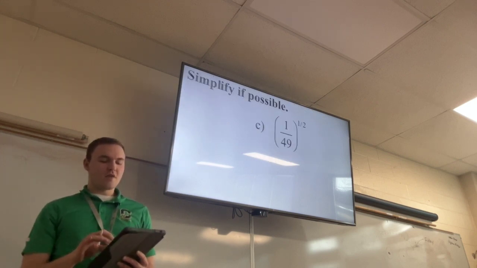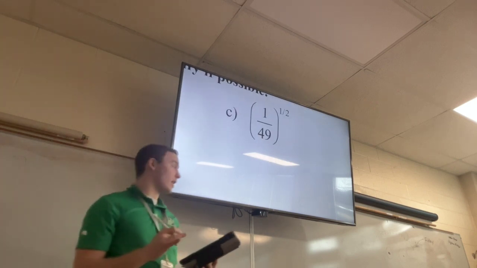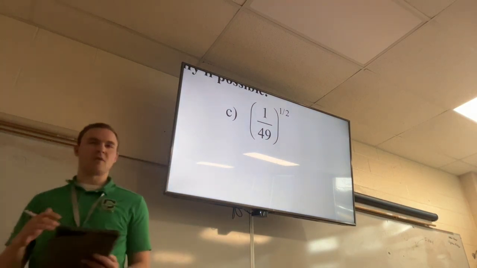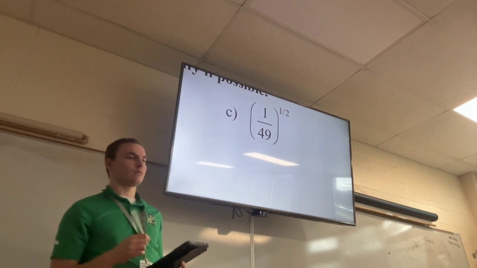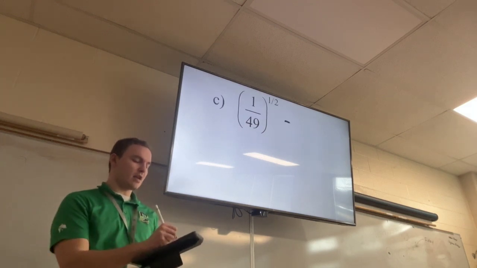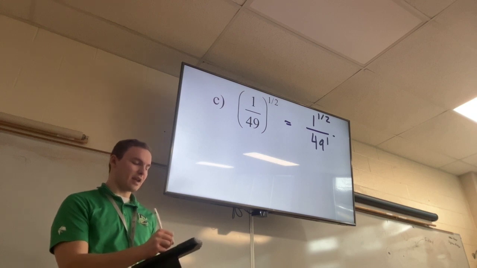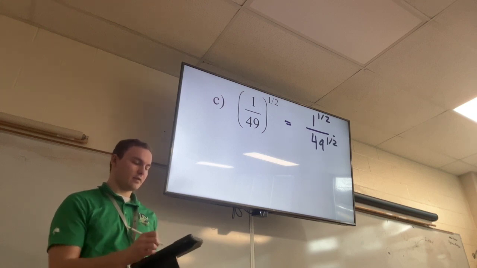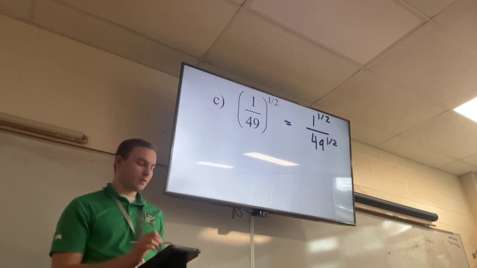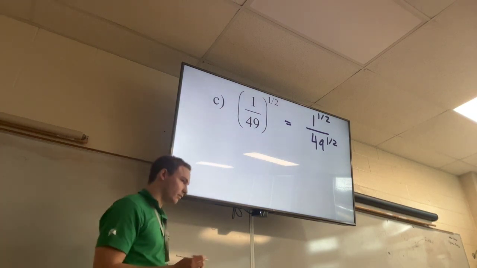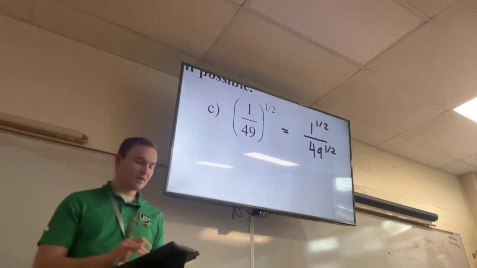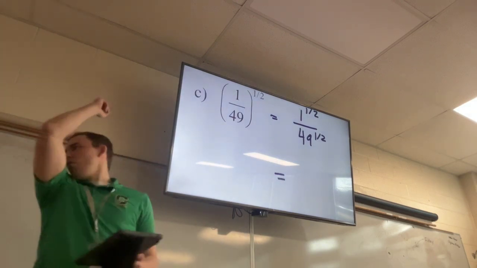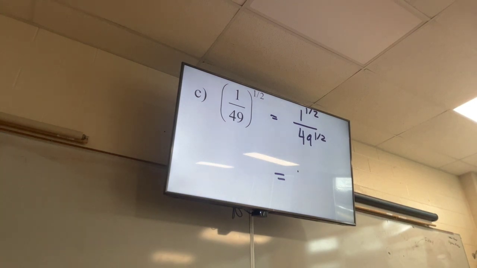All right, 1 over 49. How do I deal with fractions raised to exponents? So this is going to be 1 to the 1/2 over 49 to the 1/2. We distribute it to the top and bottom, okay? So the top becomes the square root of 1.